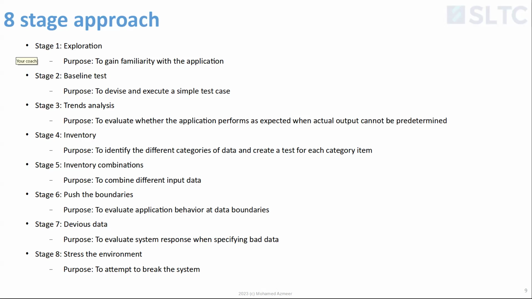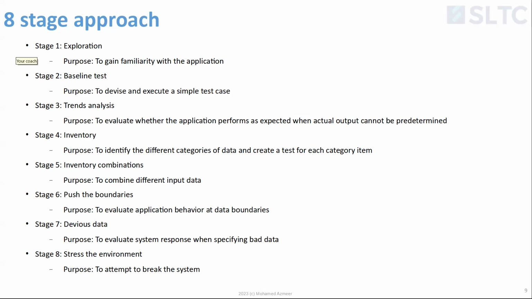So you need an inventory, meaning what are the limits of these 4 items? So we take the name. What is the minimum number of characters expected? What is the maximum number of characters expected? What characters are valid? What characters are invalid? And then, is the field a required field? Can I enter without typing? You know, things like that.